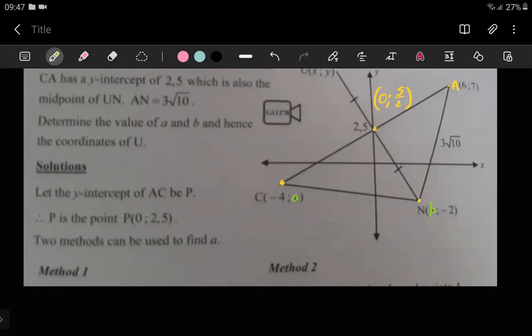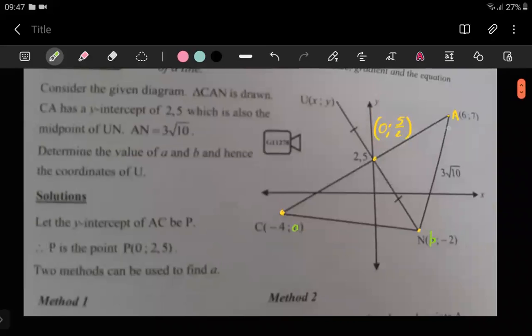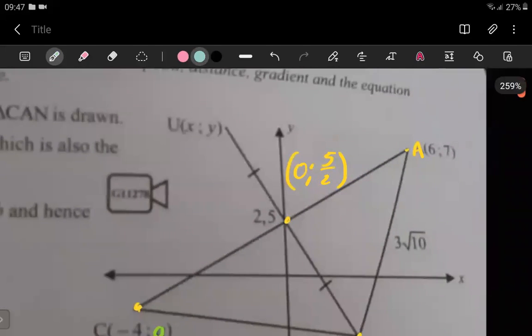The fortunate thing is that for AN, it doesn't look like it's going to be a hassle because we have the distance of AN. So because we have the distance of AN, we will be easily able to use the distance formula.